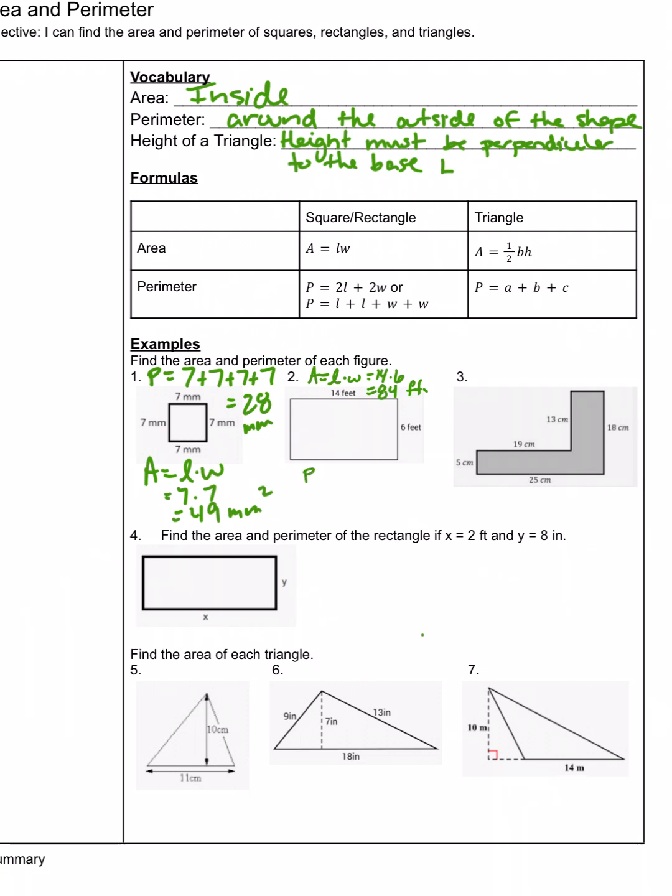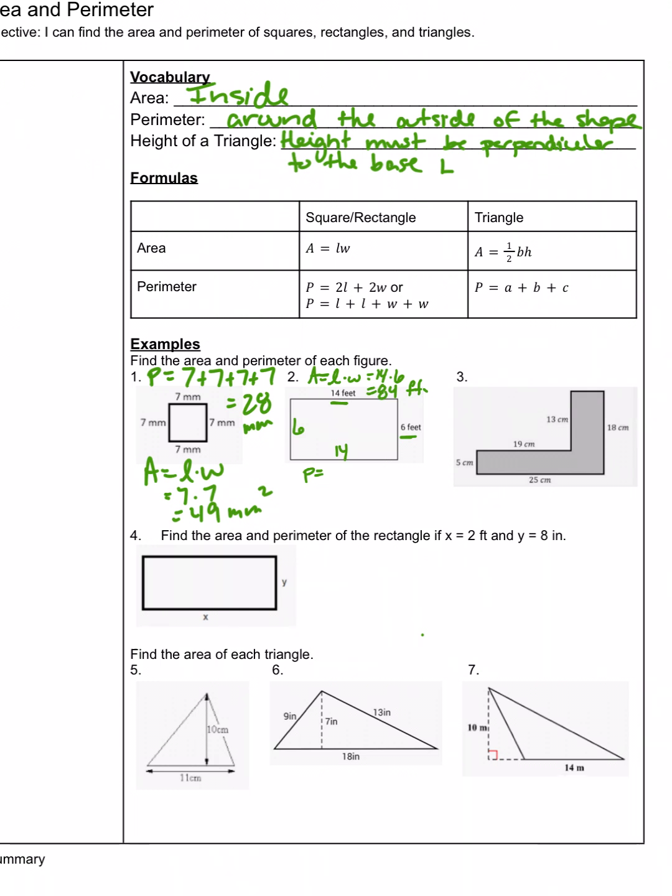And to find the perimeter, now it doesn't give us all 4 sides, but we know some things about a rectangle. I know that if this side is 14, then this side has to be 14. And I know if this side is 6, this side has to be 6. That's what makes it a rectangle, is if the opposite sides are the same, or that's called congruent in geometry.